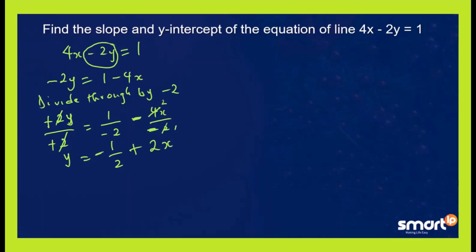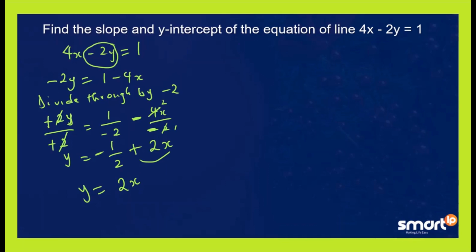Good one. So the next thing we need to do is to rearrange this equation so that we have y equals to, the one with the x coming after the y, and so we have it like this. Y equals to, you can see here that this is positive 2x, so we're not going to write plus 2x, we just write 2x.